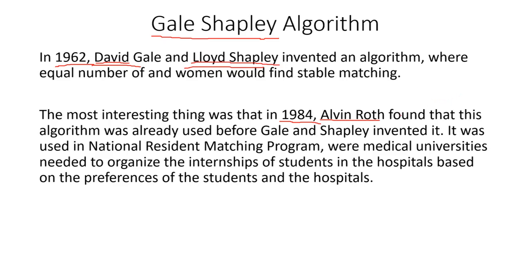That algorithm was used in a program called the National Resident Matching Program, where medical universities needed to organize internships of the students in hospitals based on the preference lists of the students and the hospitals. So this algorithm was used to help find internships for the medical students, as well as for the hospitals to find the most preferable students.